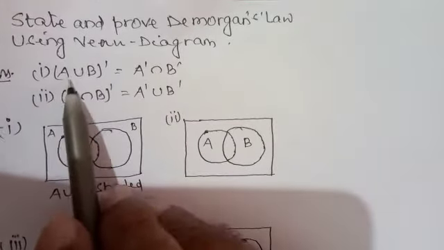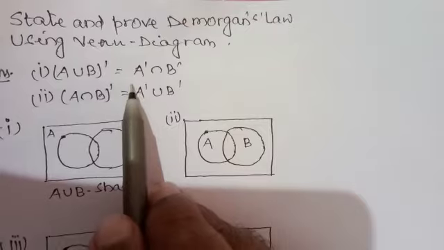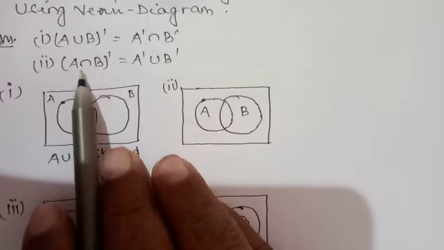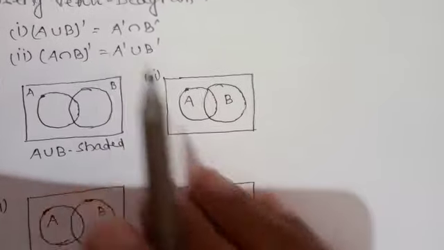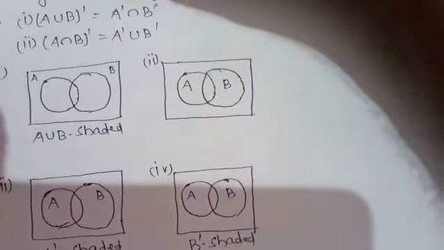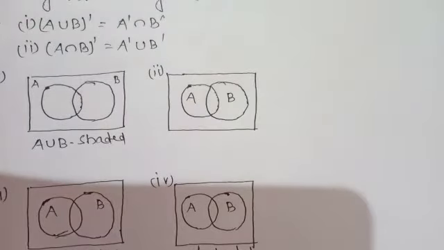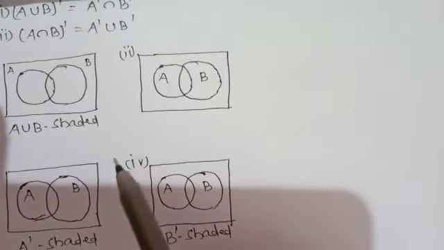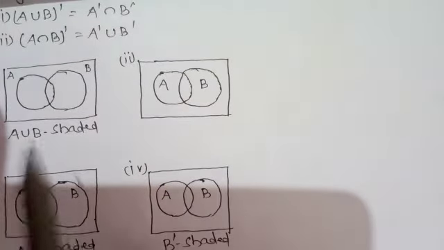Children, you already know De Morgan's law, that is (A union B) complement is equal to A complement intersection B complement, and the next one is (A intersection B) complement is equal to A complement union B complement. See point-wise how we verify or prove De Morgan's law by using Venn diagram. What is the first part? The first part is (A union B) complement is equal to A complement intersection B complement.